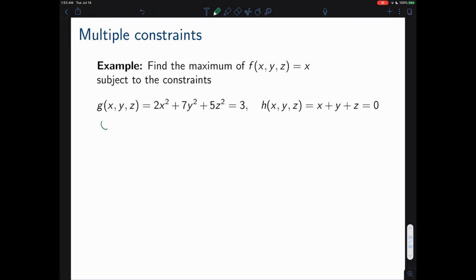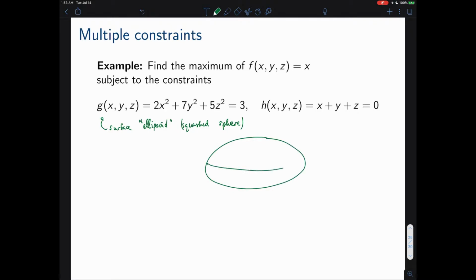So this is a surface called an ellipsoid. It's basically a squashed sphere. So, here's a sort of simplistic drawing of an ellipsoid.